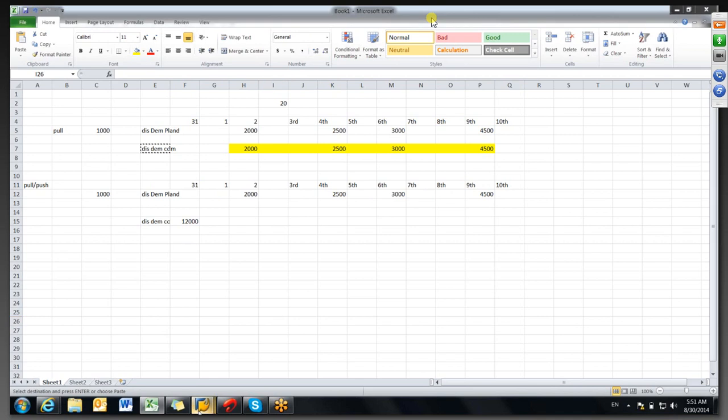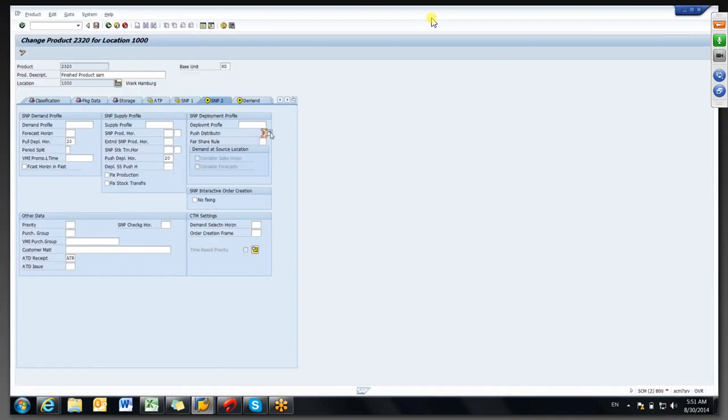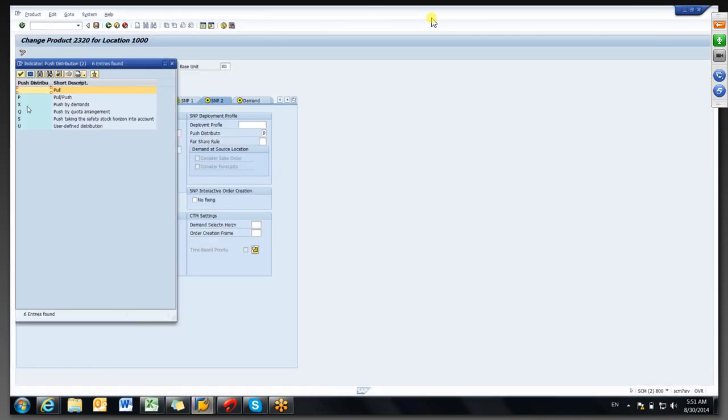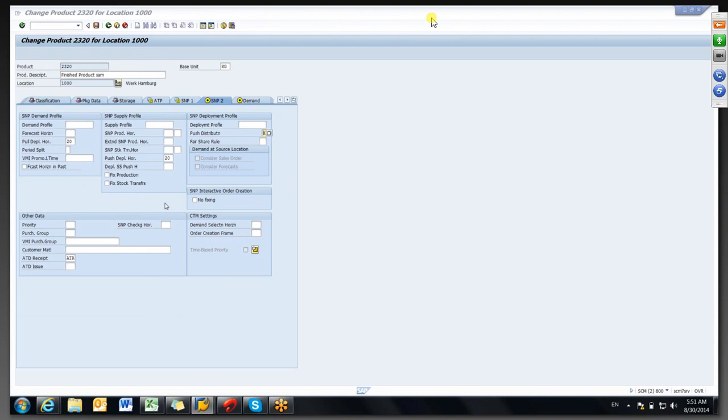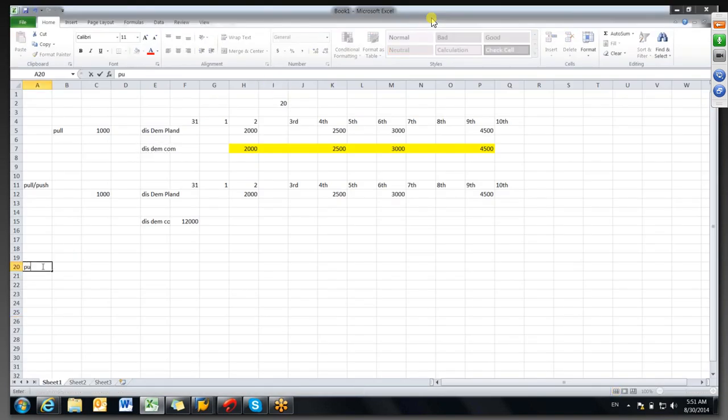The third option is X push by demand. We'll see in the system one or two examples. Kishori: Yeah, I was not clear about the previous. What is the particular characteristic for the first one?